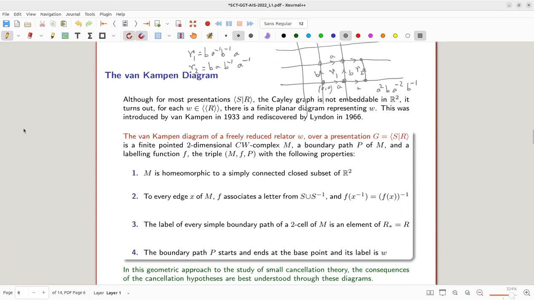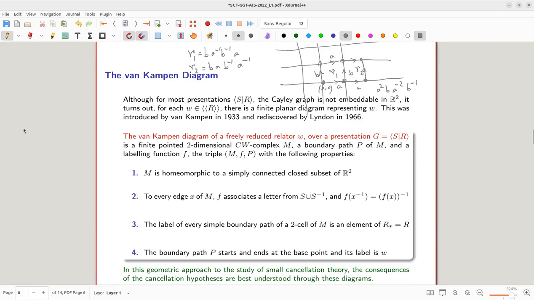Essentially, what we have drawn here is saying this diagram will be a simply connected subset of R2 like this. Each edge corresponds to a generating element, its label, and the label of a simple boundary path of a two-cell of this M is obtained by gluing these two-cells.